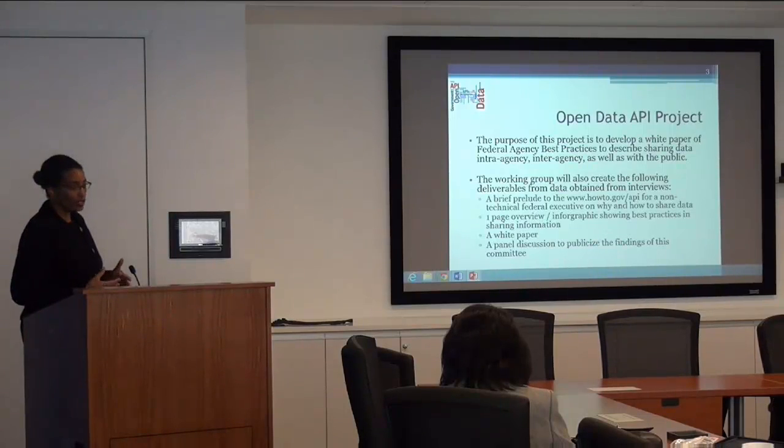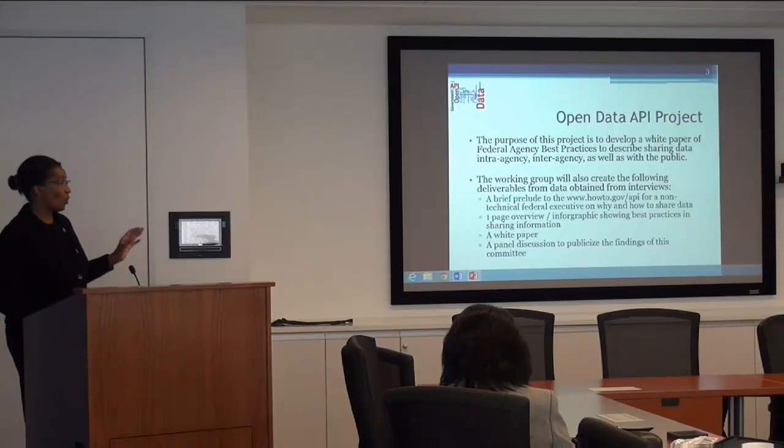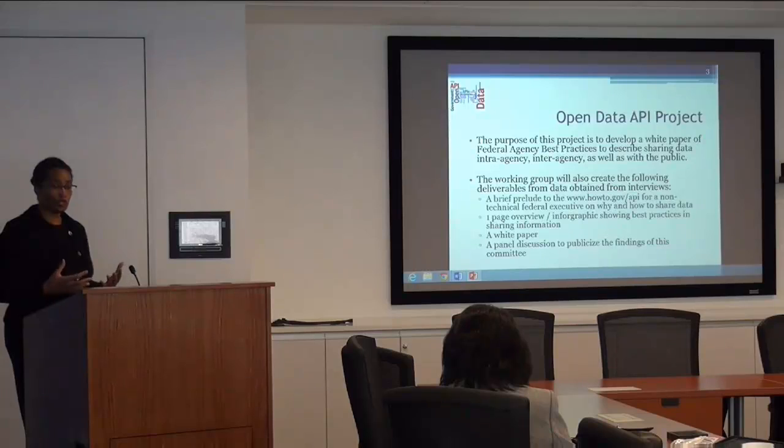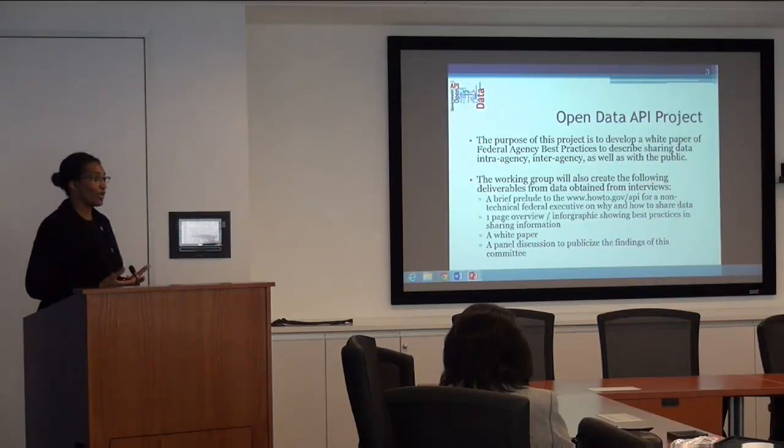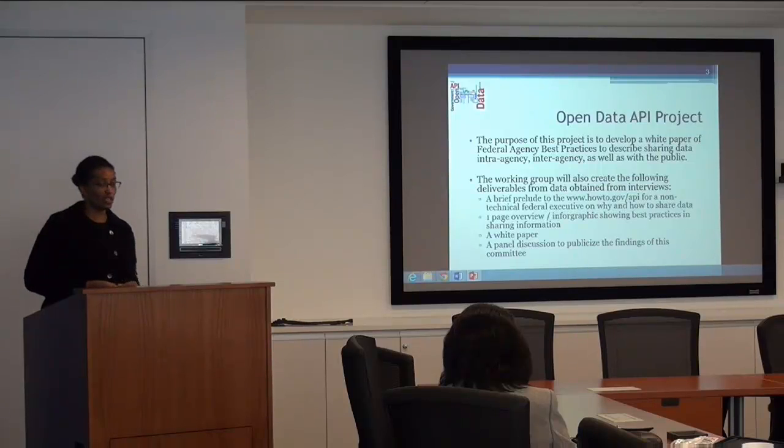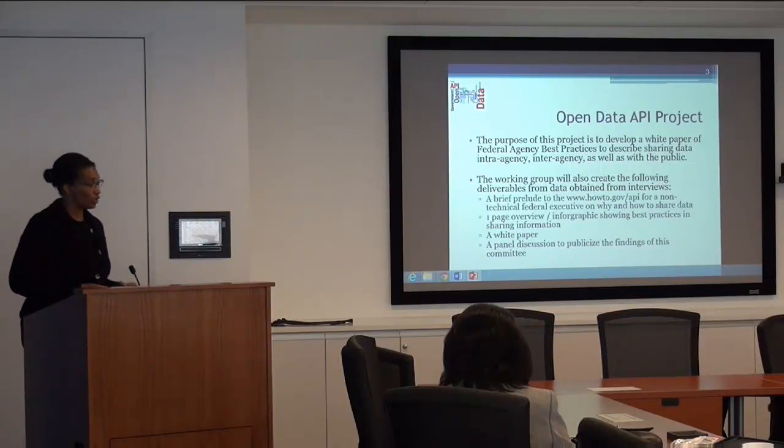The second part is a one-page overview, which is a summary of that to help a lot of the non-technical managers understand some of the best practices involved with open data, and then a white paper, which will go a little bit more in depth, cover those survey responses and findings. And then last but not least, depending on how the white paper is received, we'll have a panel discussion to publicize the findings of the working group.